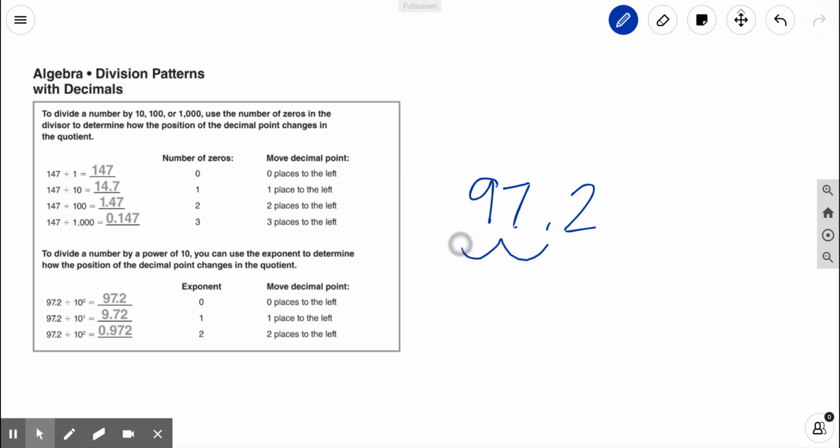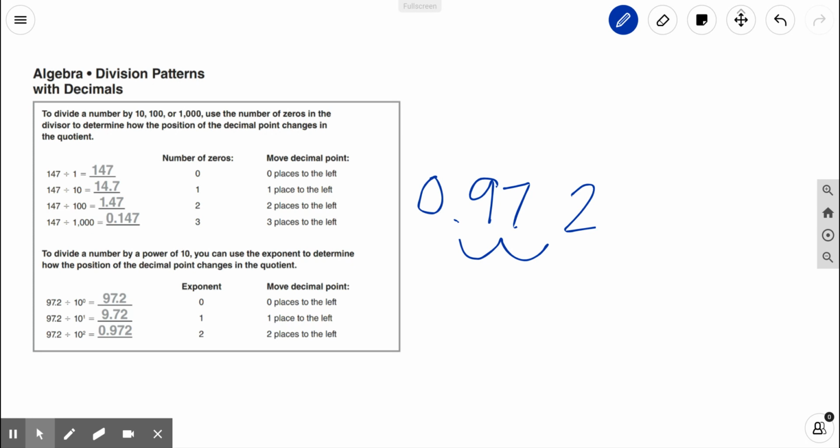So 1, 2, and now the decimal is here, and my new number is 972 thousandths, okay?